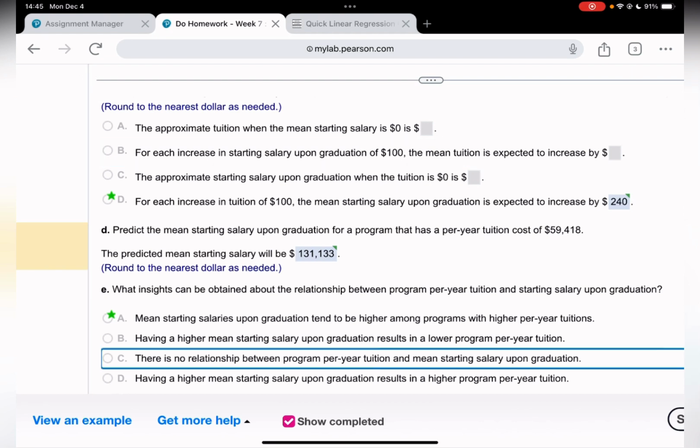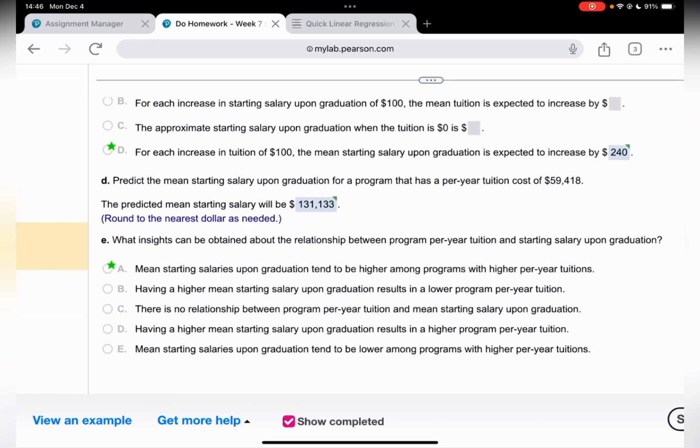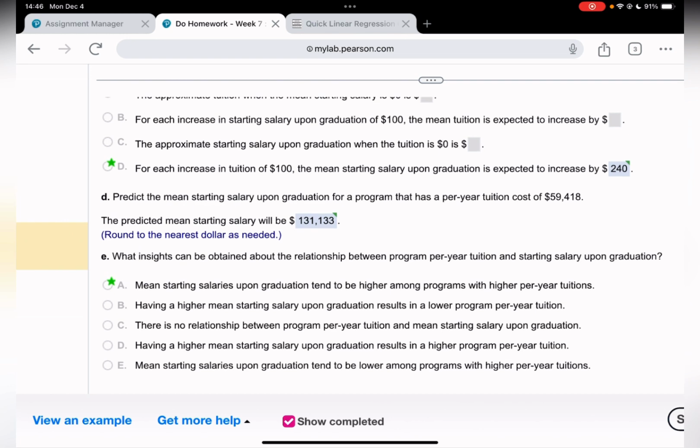Okay? Moving to E, what insight can be obtained about the relationship between program per year tuition and starting salary upon graduation? So the mean starting salary upon graduation tends to be higher among programs with higher per year tuition. Having a higher mean starting salary upon graduation resulting in a lower program year tuition, that cannot be the case.